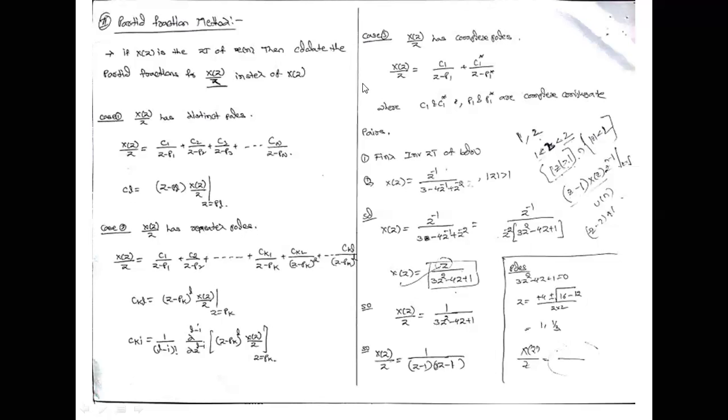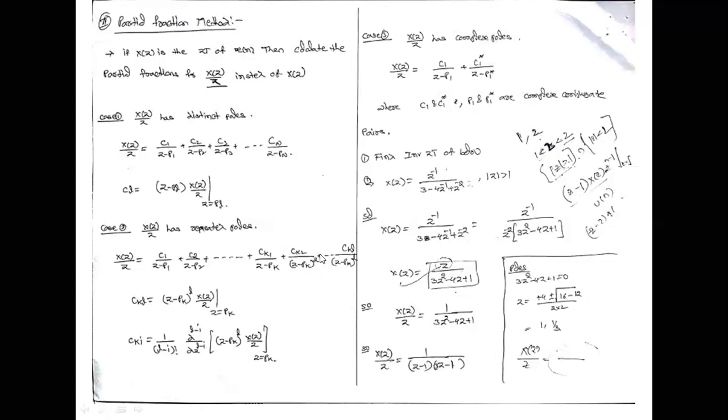The third case is repeated poles, for example z minus 2 whole square. Whole square means you can write it as ck1 by z minus pk plus ck2 by z minus pk whole square, and so on.